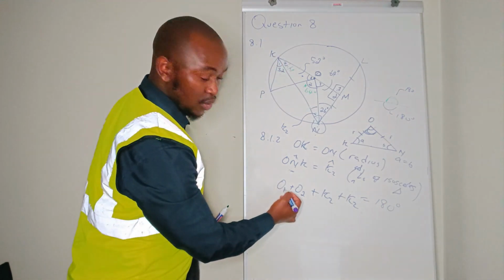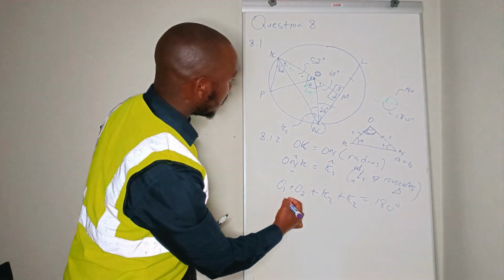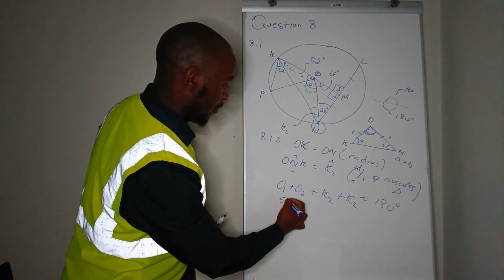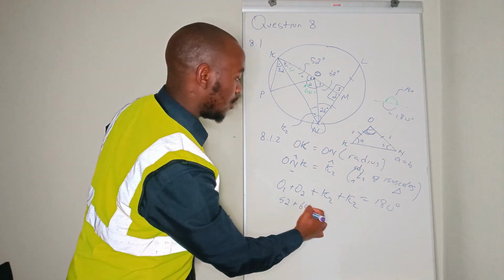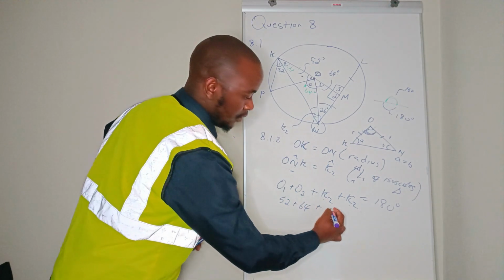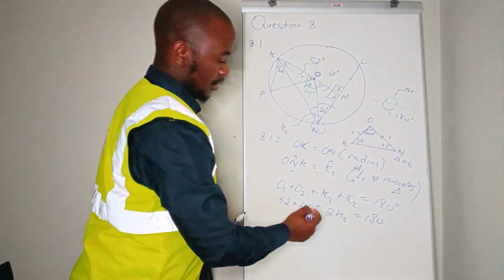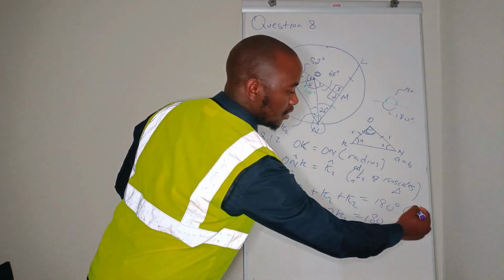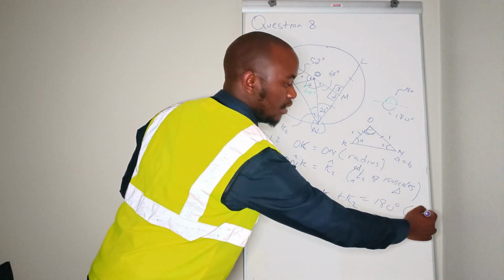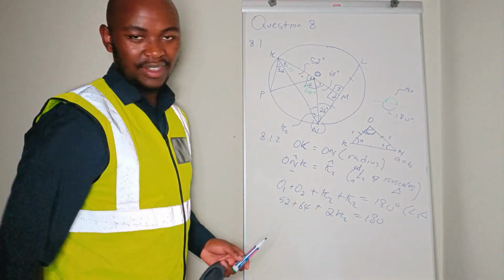And we know the values of O1 and O2. The other one is 52, the other one is 64, plus K2 is 2 K2s. 2 K2 equals 180. So the reason here is that the angles of a triangle add up to 180. I don't have space.